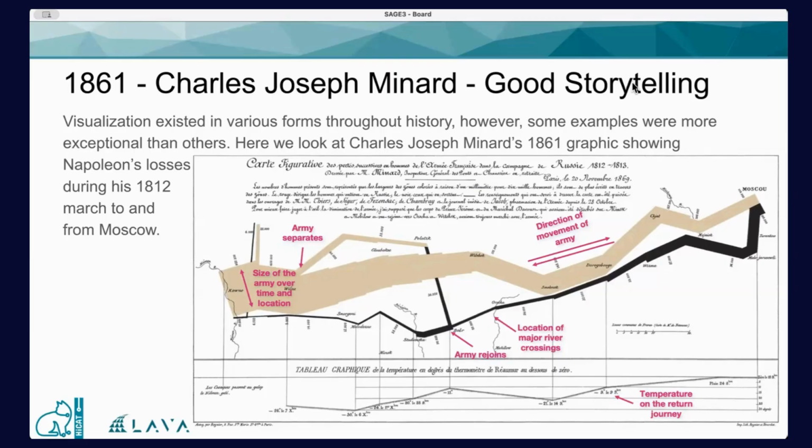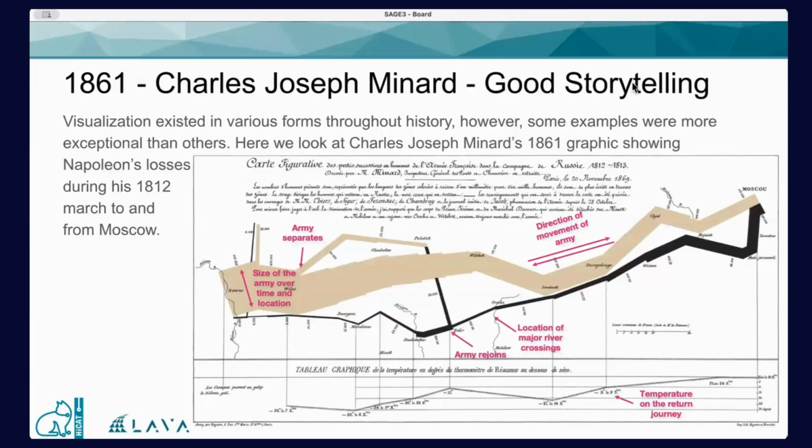There's really just a dribble of soldiers coming back home after everybody else either abandoned or died. So this is a really good way of expressing the great loss of soldiers during that war.